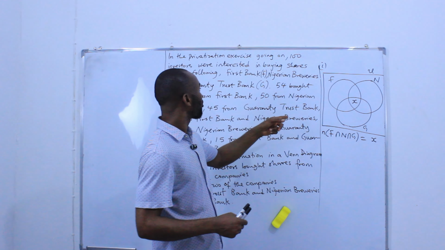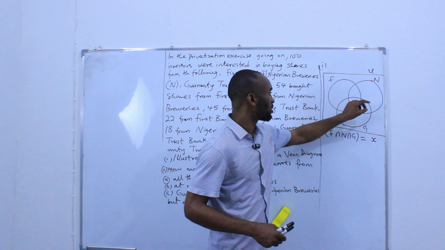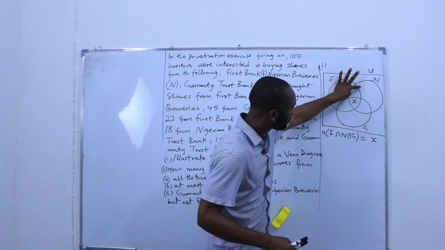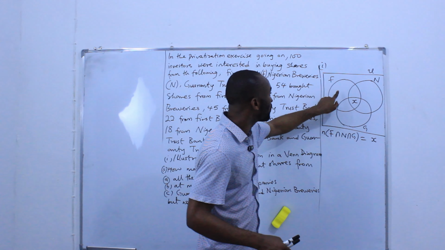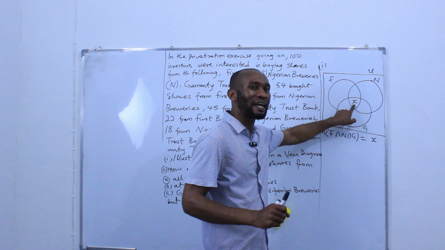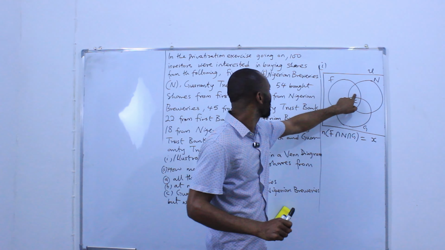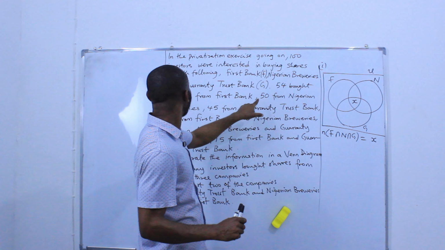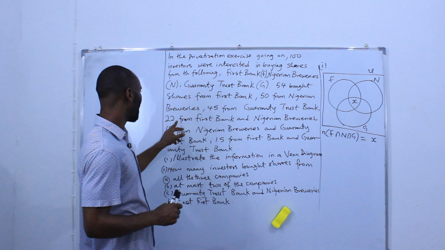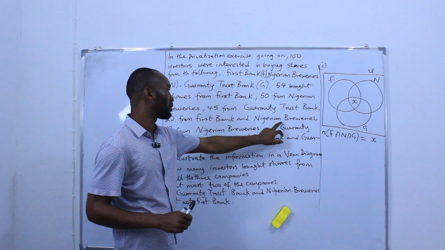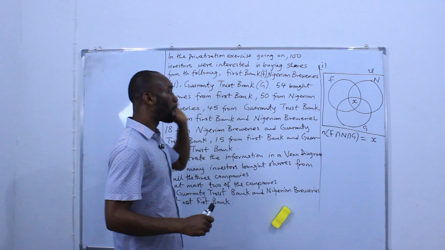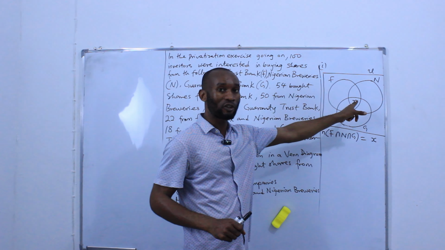Look at that overlap between F and N. A part of it has been occupied by X. So the remaining part will be occupied by, look at the number of people that bought from First Bank and Nigerian Breweries, 22. So the remaining part will be occupied by 22 minus the already existing number.